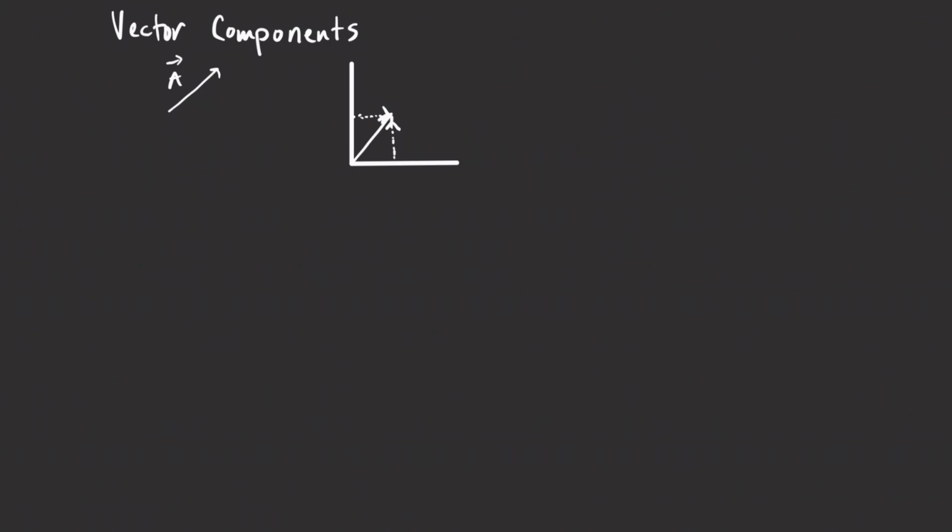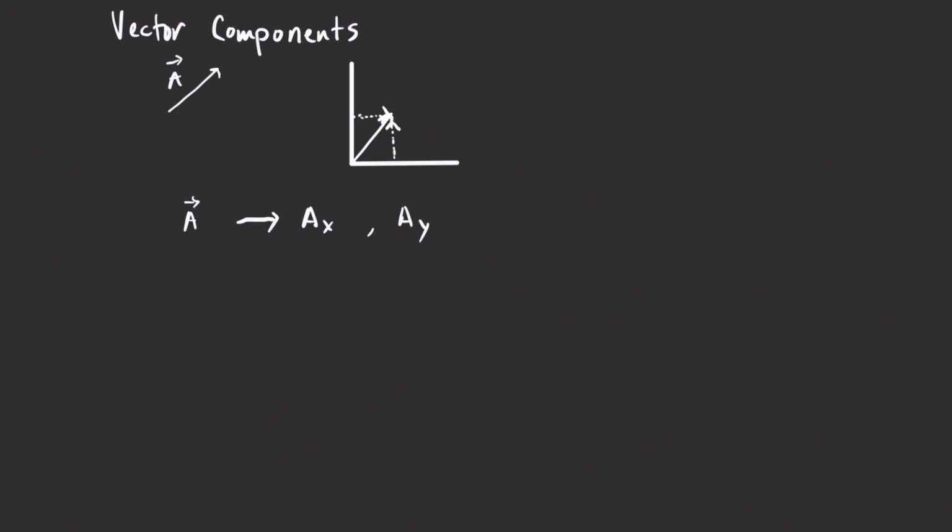Now when we label vector components, let's say of vector A, we write them as an x component and a y component.